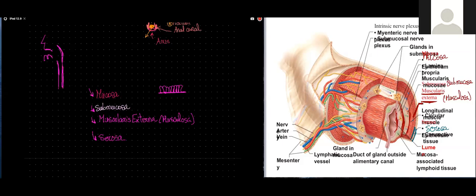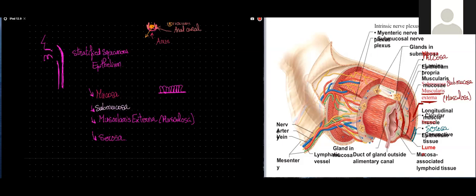Those parts are going to have stratified squamous epithelium. But remember, you didn't need the highest level of protection. Where do you need the highest level of protection in your body? In your skin.